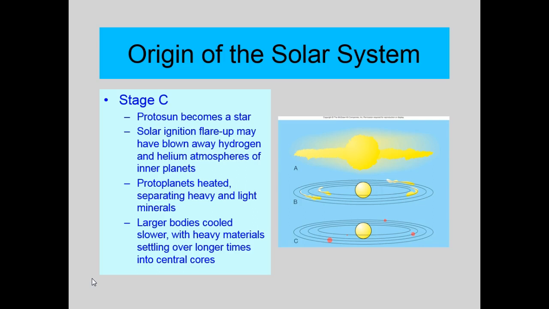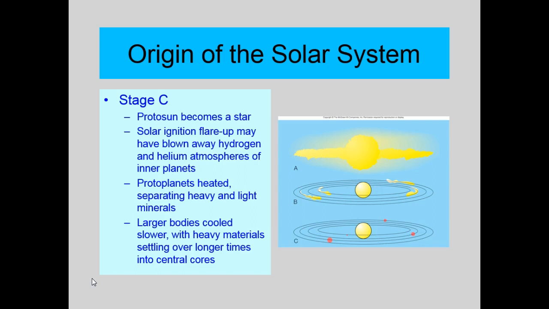Okay? Now, the protoplanets, they're still too hot to be called a planet, but they're separating the heavy and light minerals. The heavier minerals going toward the center, and the lighter minerals staying near the surface. We'll talk about that in two chapters. Okay?